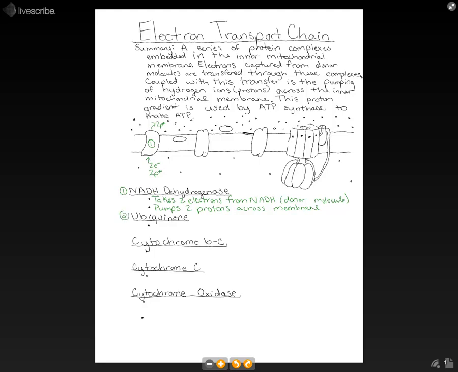transfer protein, and that's ubiquinone. And that's here. Ubiquinone has the job of transferring those 2 electrons from NADH dehydrogenase to cytochrome BC1.